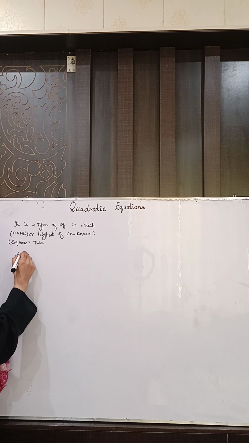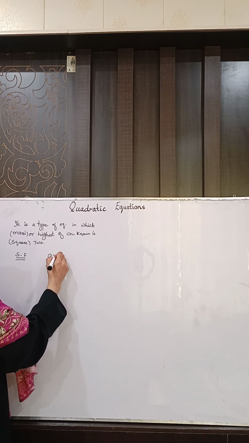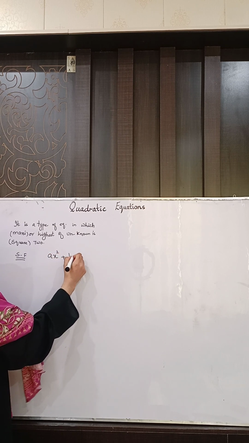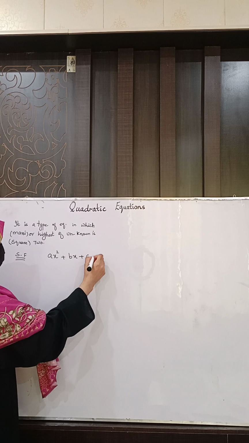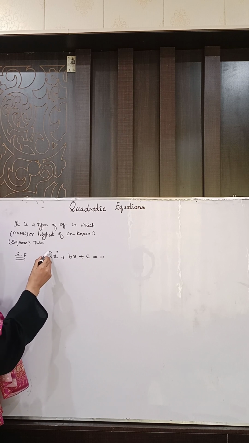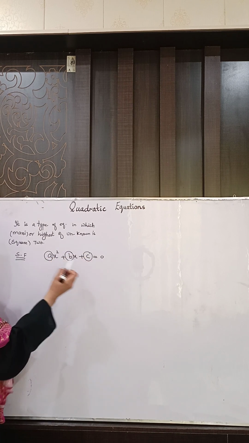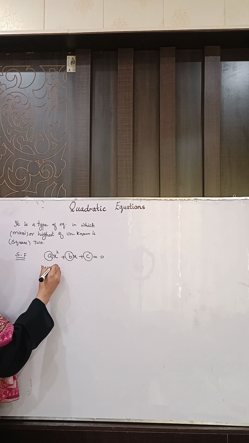Then the standard form of the quadratic equation is ax square plus bx plus c is equal to 0. Now in this equation you can see these a, b and c. All these are numerical constants.